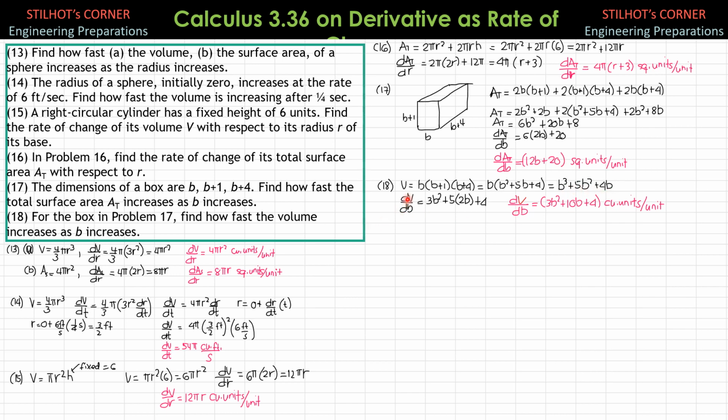So differentiating volume with respect to b, we have 3b squared plus 5 times 2b, then plus 4. So simplifying, rate of change of volume with respect to b is 3b squared plus 10b plus 4 cubic units per unit.